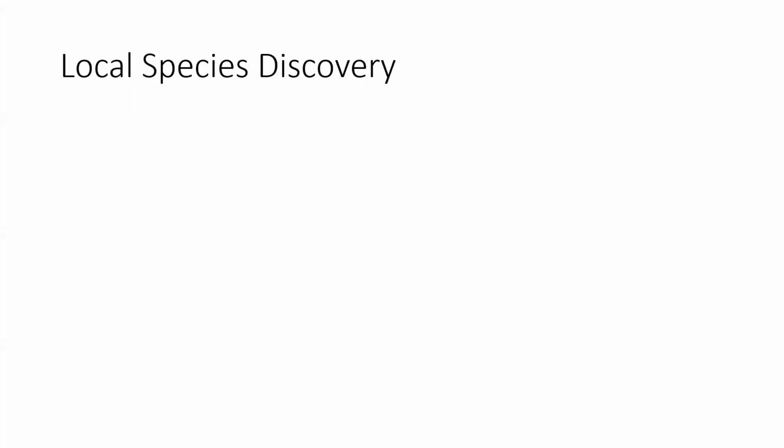To define another thing, which is the local species discovery, because basically when you generate a test for the program, you divide them into many different seeds. So this local species discovery is for each test seed.